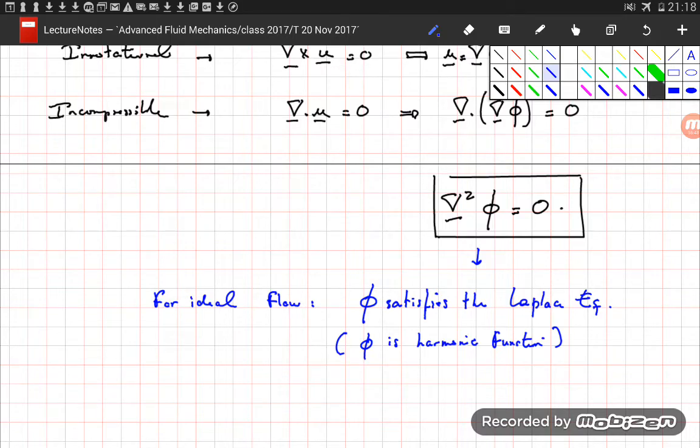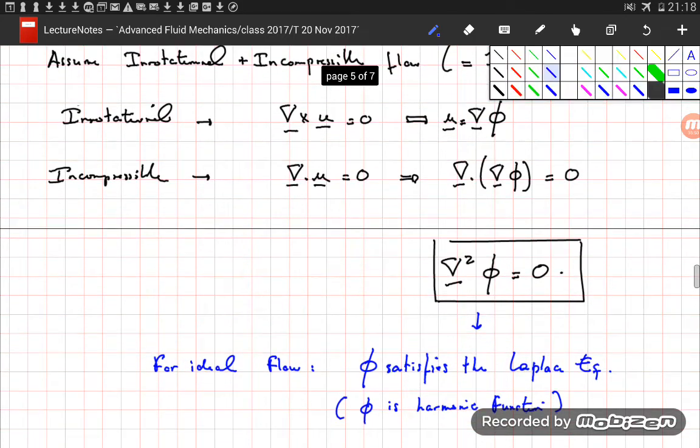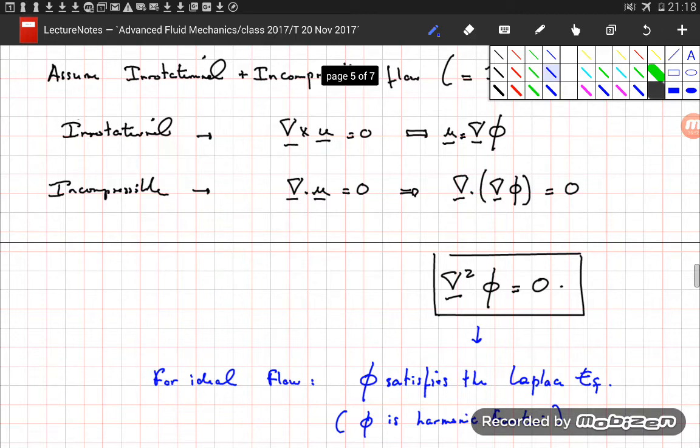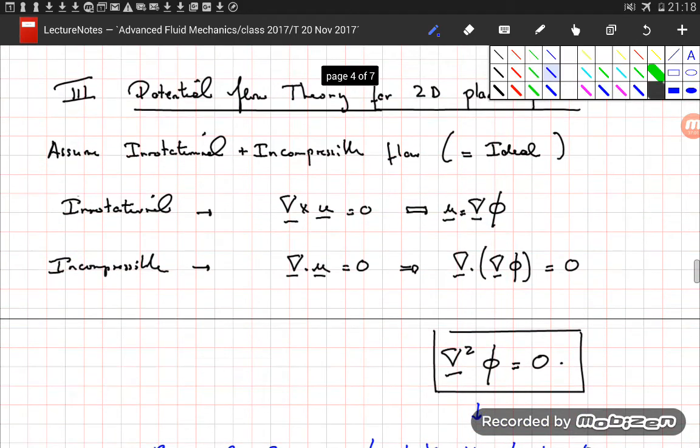So what we'll do in the following is introduce special flows and their harmonic potentials. Now we'll discuss that again later on in the class, but what is important for you to note is that the Laplace equation is a linear equation. So if I have one potential, phi1, and another potential, phi2, then if I just add them together, phi1 plus phi2, it is still a harmonic function.